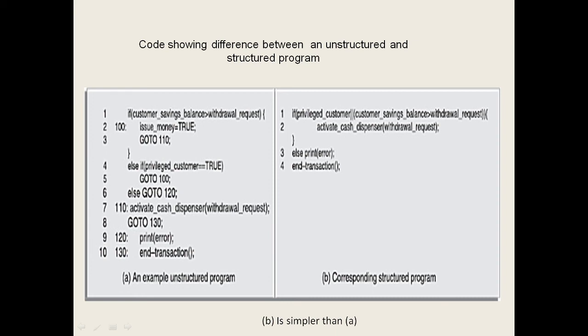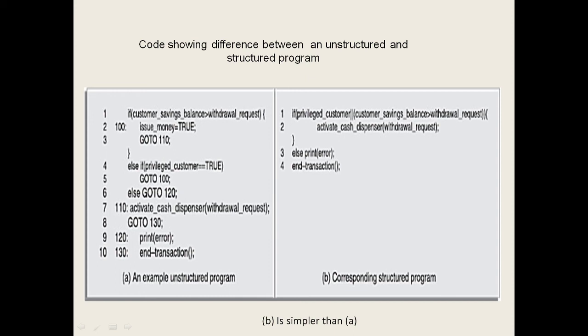In the B, the same program, the same logic, is done in a different manner. That is checking with an if statement. If privileged customer, the cash withdrawal is possible for a privileged customer without checking his balance amount. So first we are checking for a privileged customer.